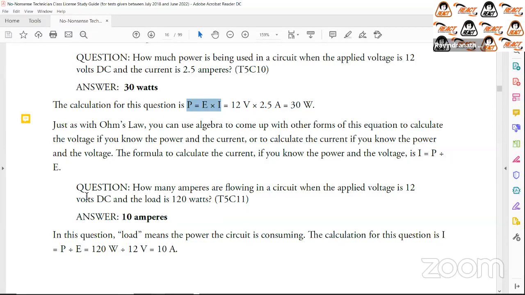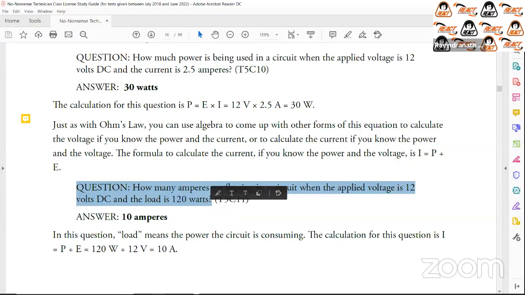Let us deal with one more question in respect of that formula, and it has to do with manipulating the equation P is equal to I E to another form. So let's have a look at that. The question in the question pool is, how many amperes are flowing in a circuit when the applied voltage is 12 volts DC and the load is 120 watts? So what are they asking us in this question?